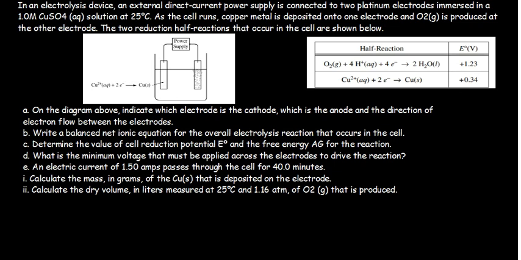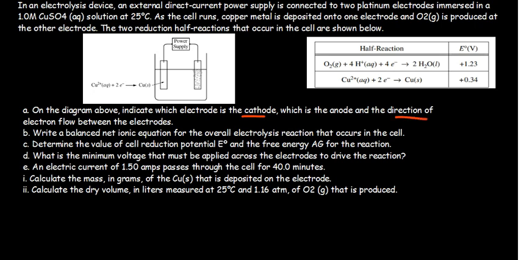The two reduction reactions that occur in the cell are shown below. These are the half reactions. If you observe them, they are all written in the form of reduction. On the diagram above, indicate which electrode is the cathode, which is the anode, and the direction of the electron flow between the electrodes.